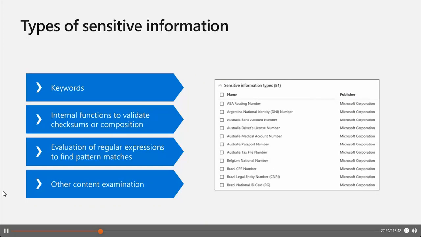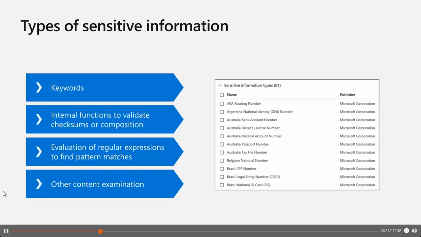Microsoft 365 includes definitions for many common sensitive information types across different regions that are ready for use, such as credit card numbers, bank account numbers, national ID numbers, and passport numbers. When a DLP policy looks for a sensitive information type, such as a credit card number, it doesn't simply look for a 16-digit number.